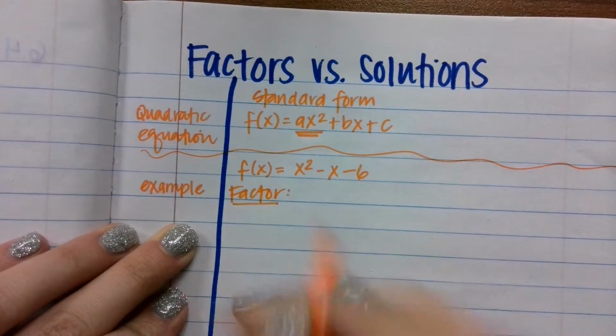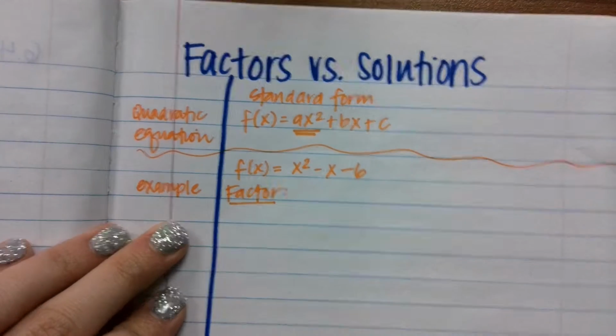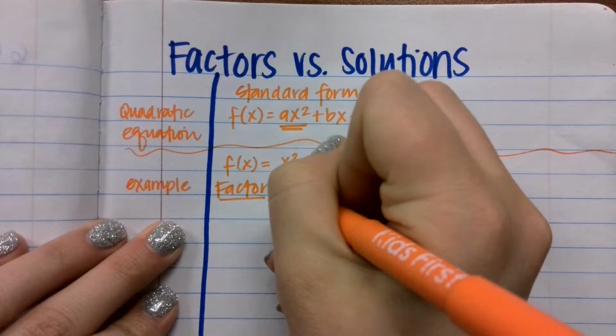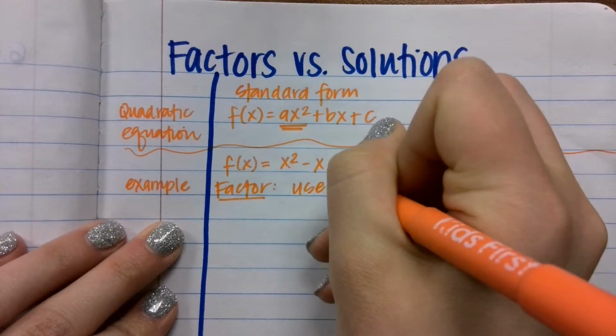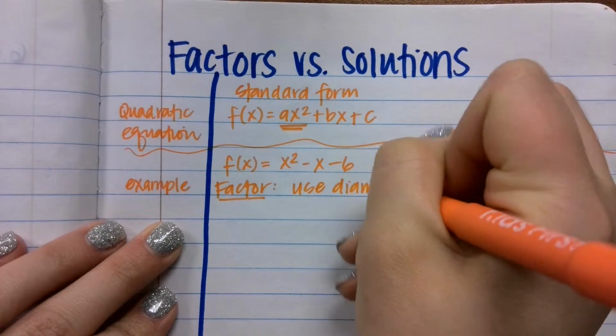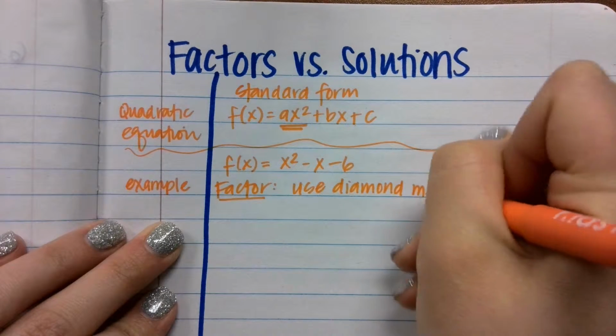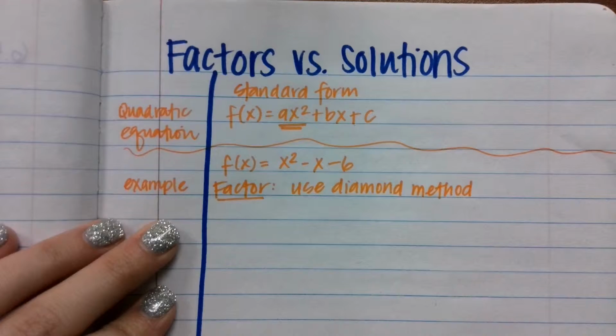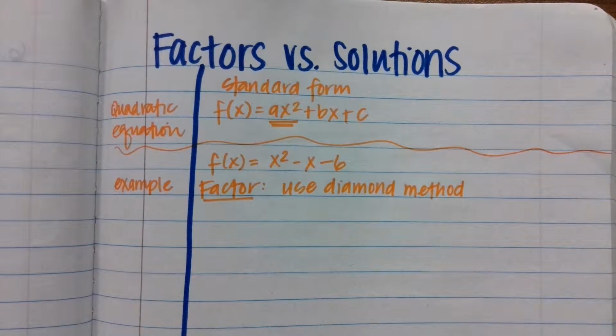We are going to factor this function first. The only way that we can factor a quadratic equation is to use the diamond method. Now, if I go too quickly at any point during this video, make sure that you stop and rewind or just pause me.